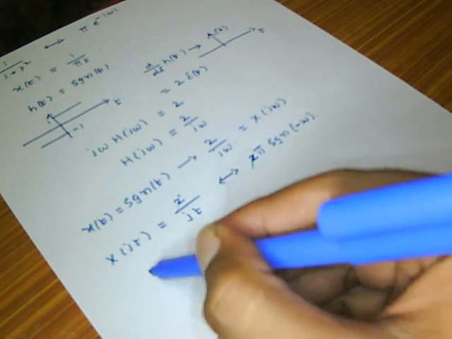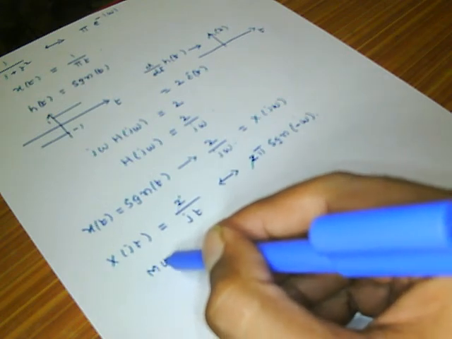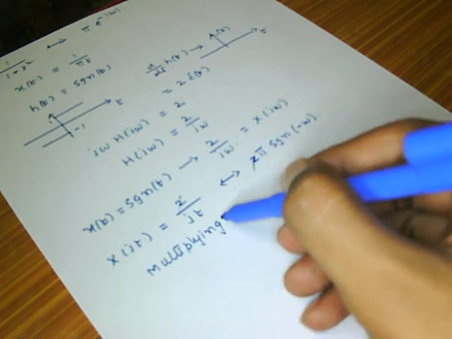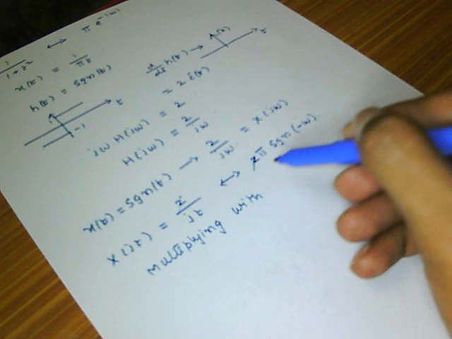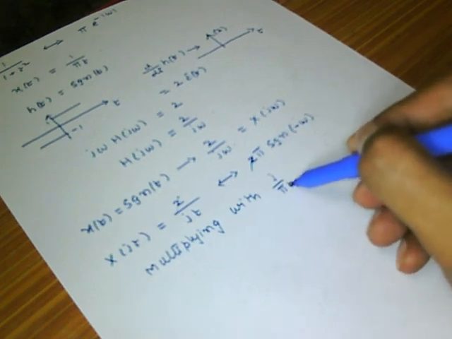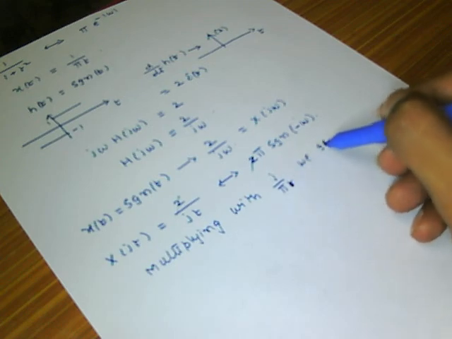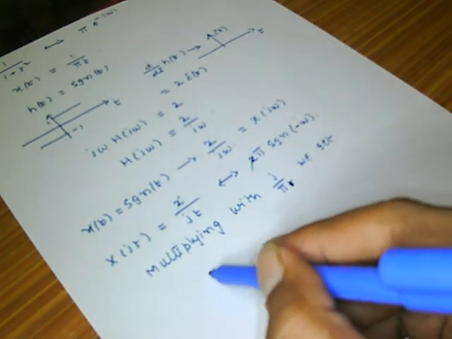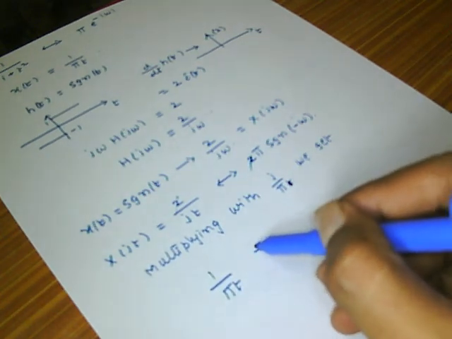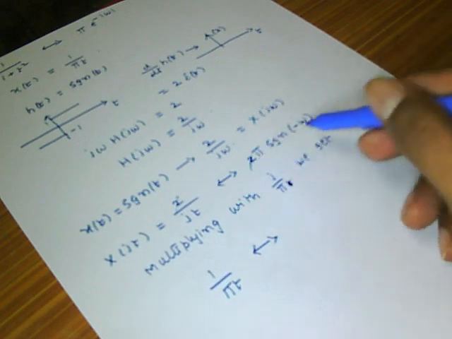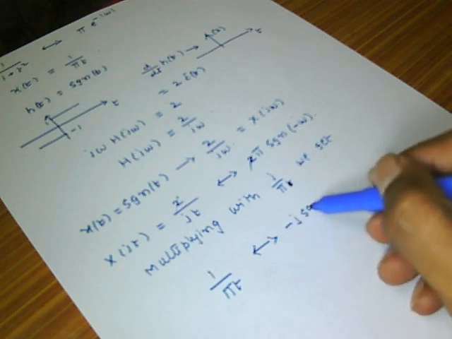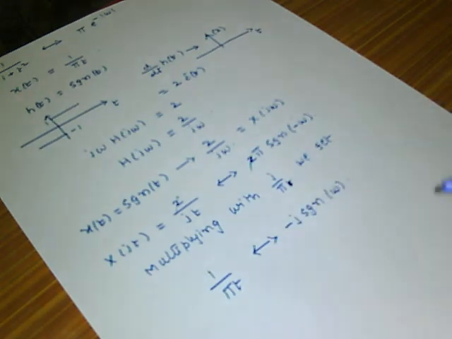Multiplying throughout, we get 1 by pi t will have, pi gets cancelled out, j remains, and since the signum function is odd, you get minus j into signum of omega.